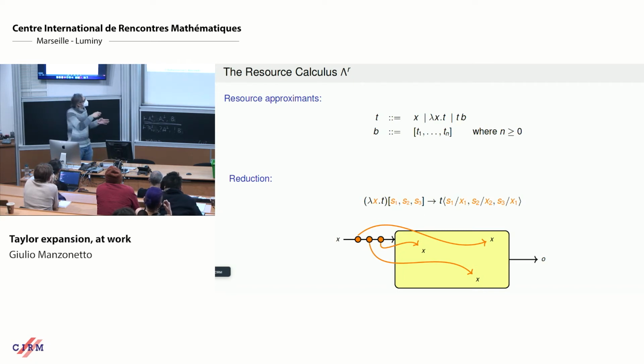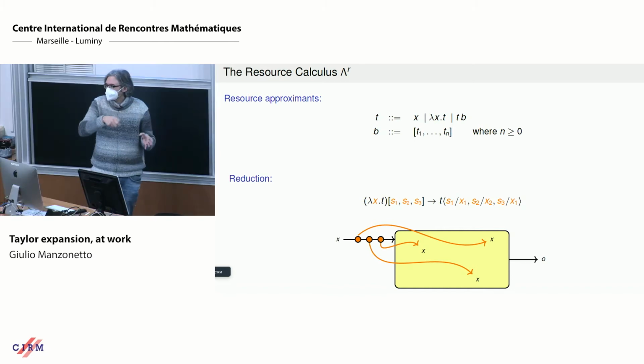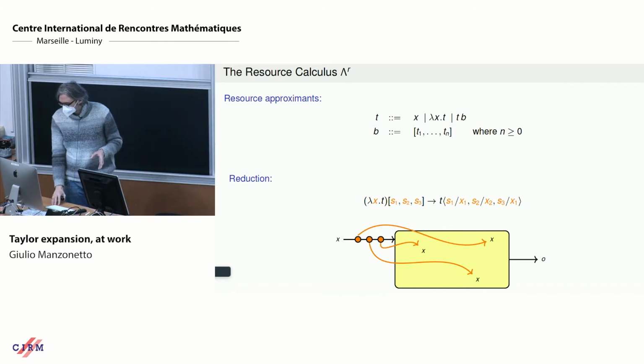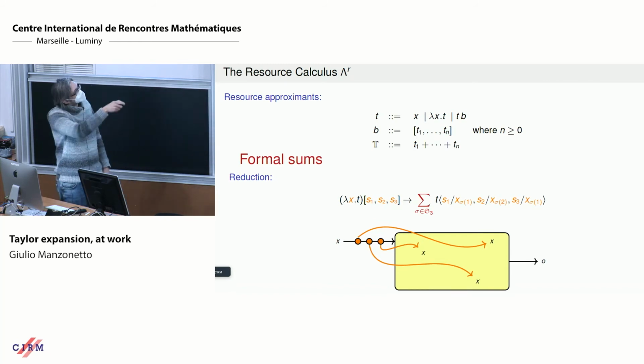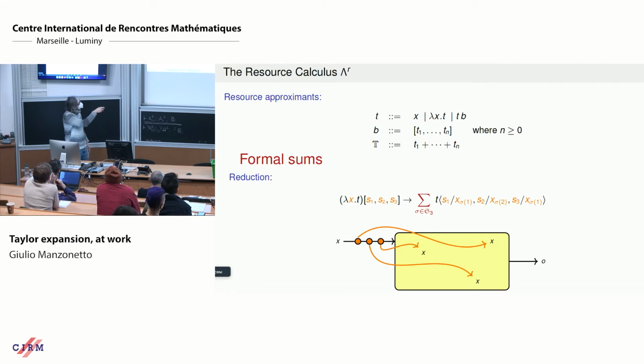So how do I choose the order in which I'm going to substitute? Since I cannot, I need to introduce formal sums in the system. So if I can sum different programs, then I can consider all possibilities. I take all the permutations, all the possible ways of associating these 3 terms with these 3 occurrences. So you can imagine this sum as a non-deterministic choice, but this choice is never performed. So the sum is kept in the calculus.